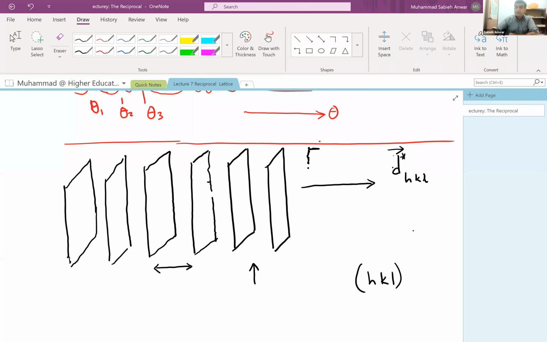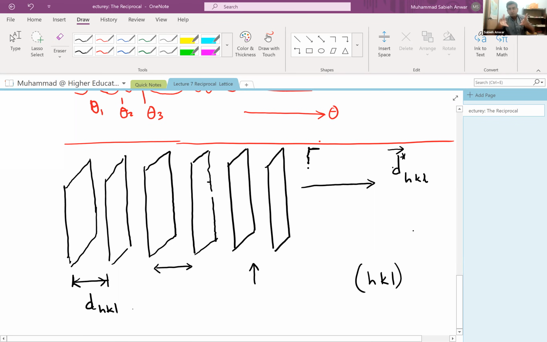What the concept of reciprocal lattice tells us is that one needs to know the spacing between these planes. Suppose the spacing between these planes is d_{HKL} without the vector sign. That is the interplanar spacing.